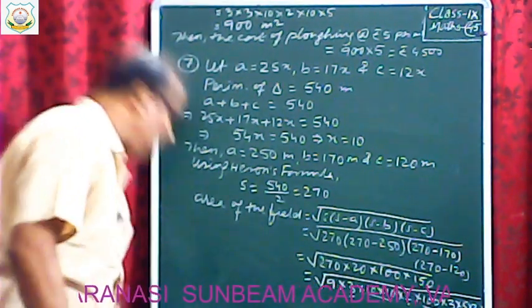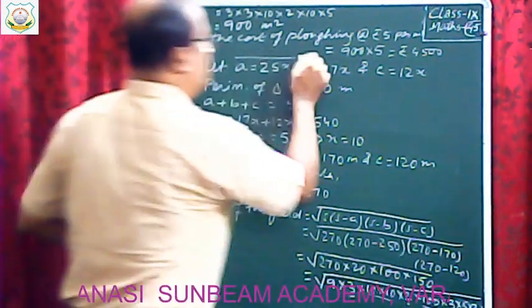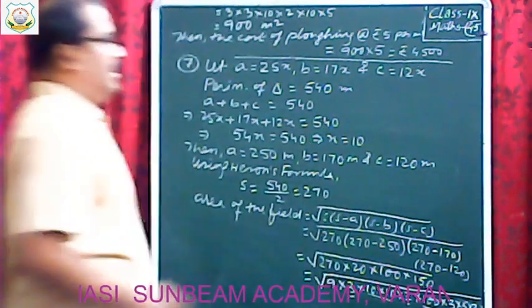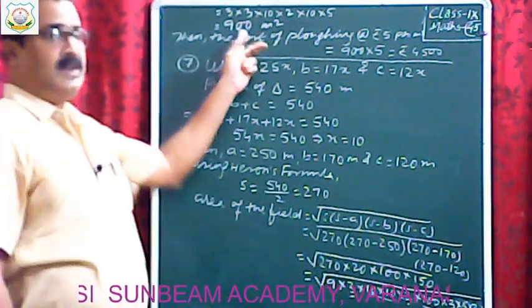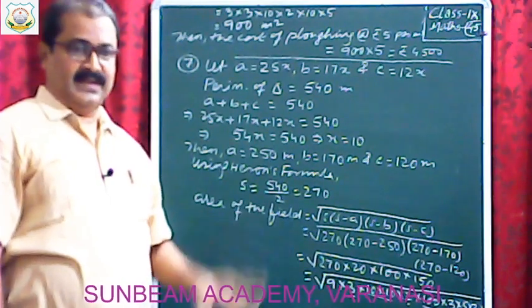Okay. Area of triangle is given, that is 9,000 meters square in book, but it is 900 meters square.